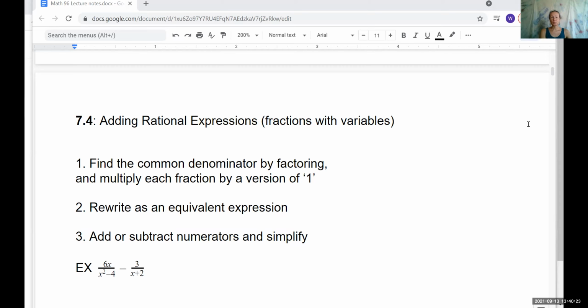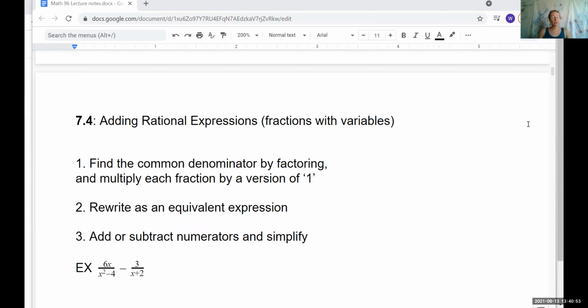The first step to adding rational expressions is to find a common denominator by factoring the denominators of each of your fractions. Then we turn those fractions into equivalent fractions by multiplying each fraction by its own version of 1.